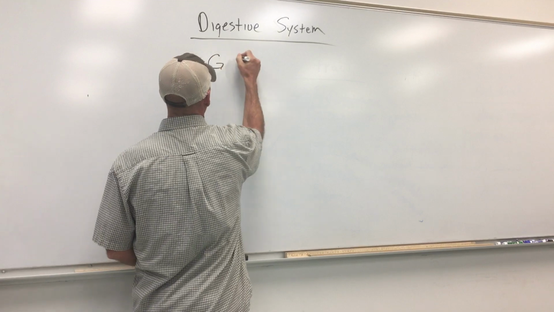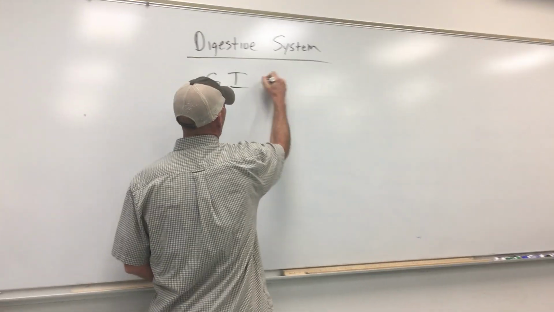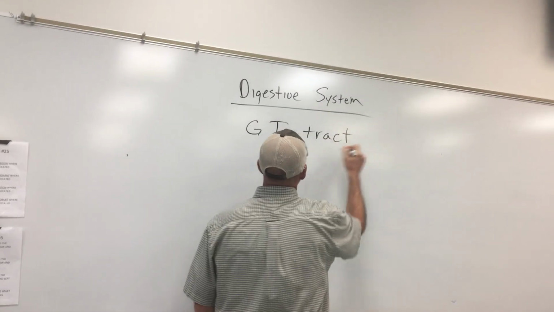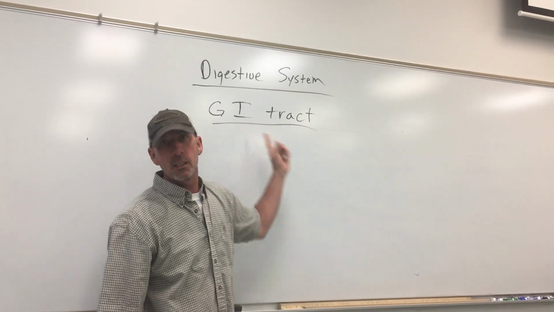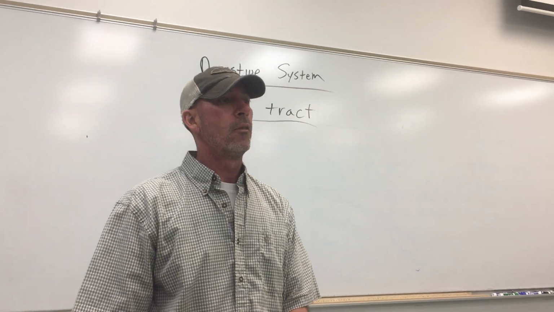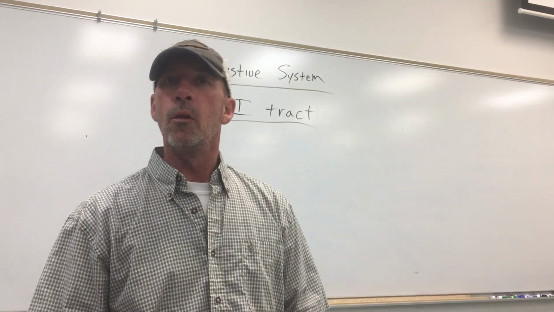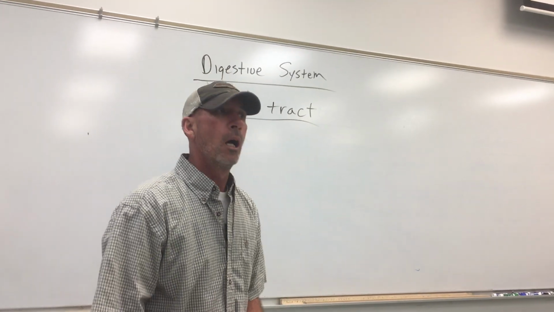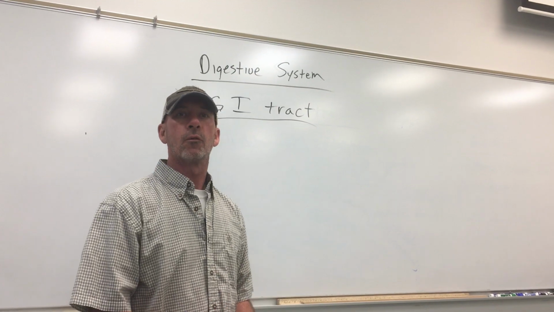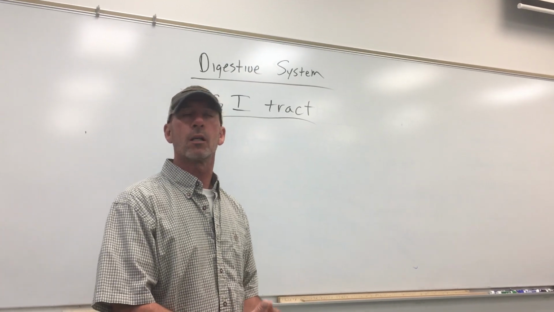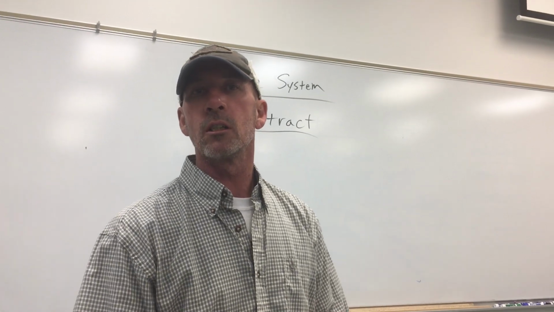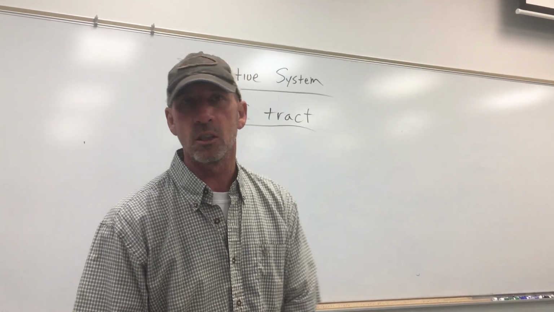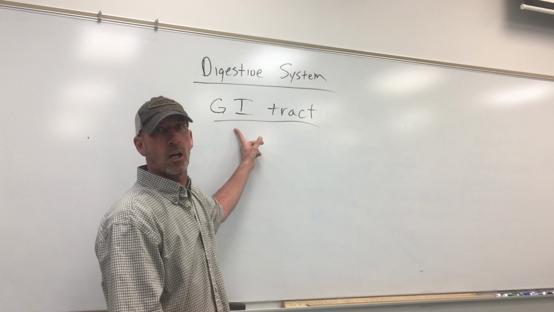The first general category we call the GI tract. Now, the GI tract is known as the gastrointestinal tract. This is basically the tube that runs throughout our body. So when we think about the food and the drink or the liquids that pass through the digestive system, if it runs through this organ or this tube system, it's part of the GI tract.